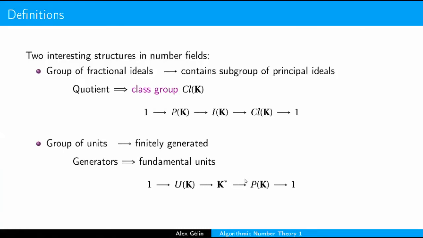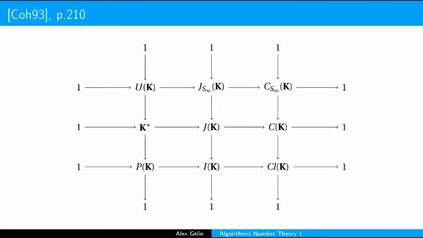At this point, you can say, maybe you can combine them and get a two-dimensional diagram. Yes, it exists. This diagram is given like that in Cohen's Bible. He didn't explain all the notation. He just wanted to show that it was possible.